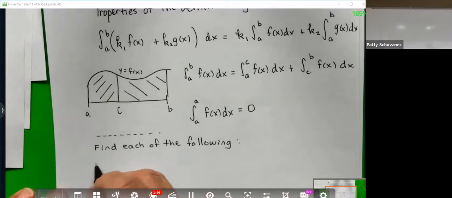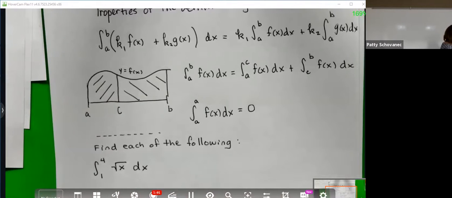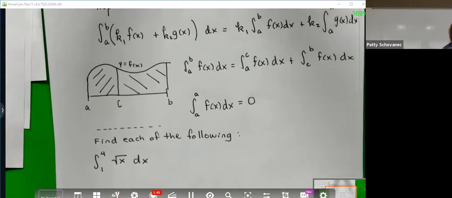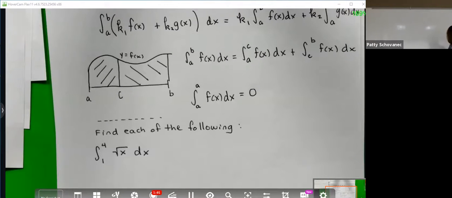All right, let's look at the integral from 1 to 4 of square root of x dx. So you know you're going to start by writing that as x to the 1/2, right?